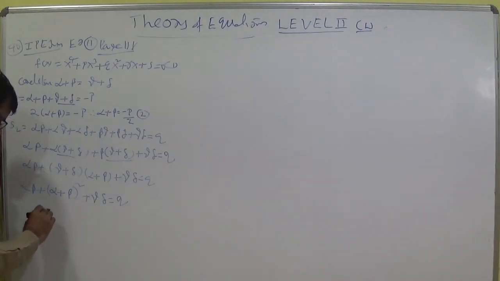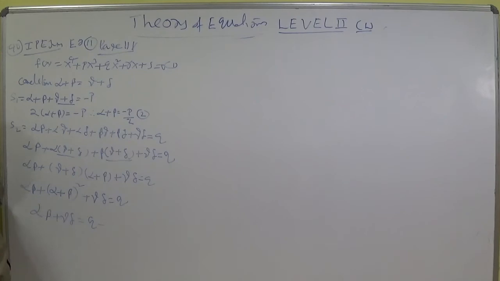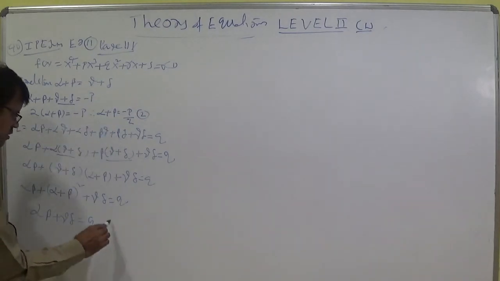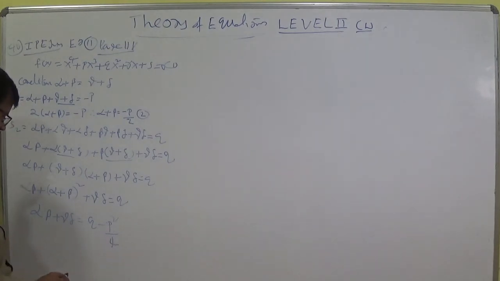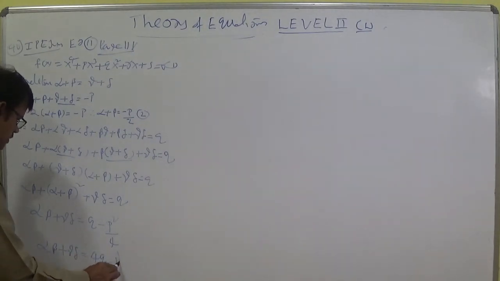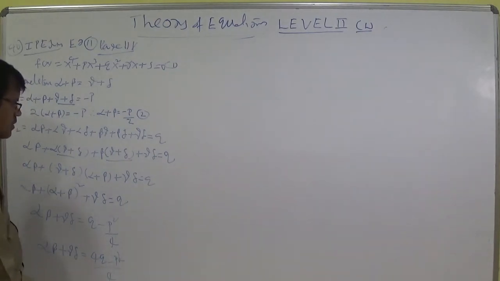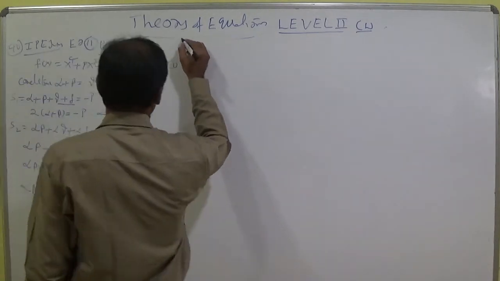Now we can write alpha beta plus gamma delta is equal to q minus alpha plus beta whole square. Alpha plus beta is minus p by 2, so p square by 4 you can write. So alpha beta plus gamma delta is equal to 4q minus p square whole by 4. Maybe it is useful. Put this as the third equation.